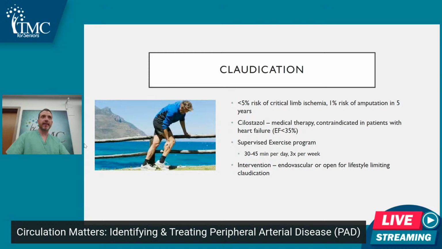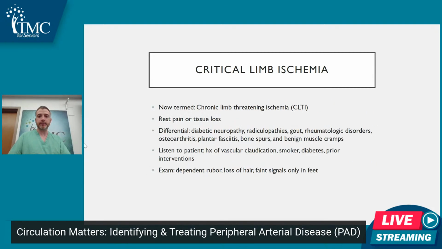So these are very lifestyle-limiting claudication symptoms. In those circumstances, an intervention, whether it be an open surgery or something like a stent, may be necessary or may be recommended, depending on how much it's affecting your lifestyle. And once again, a conversation with your surgeon.